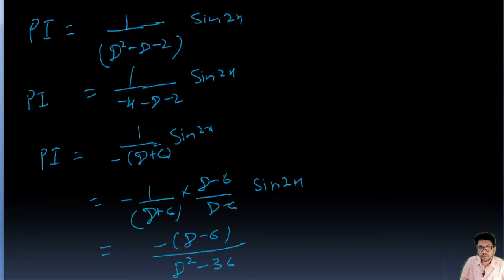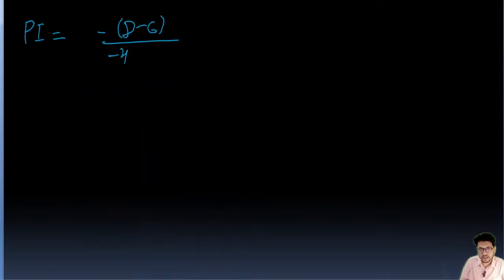So PI equal to minus (D minus 6) upon D² minus 36. In place of D² we write minus a², so minus 4, so minus 4 minus 36, into sin 2x.